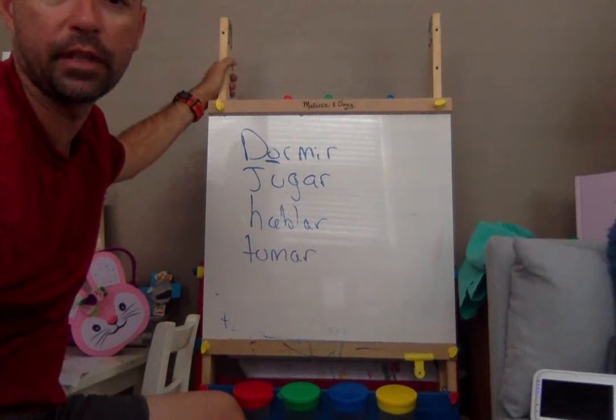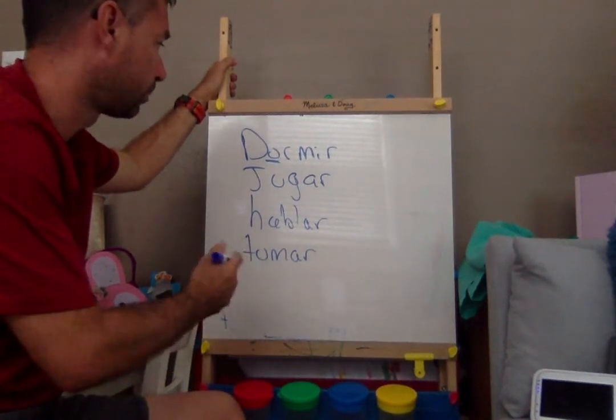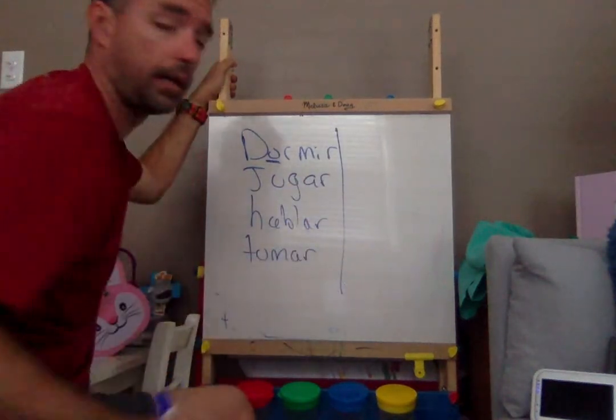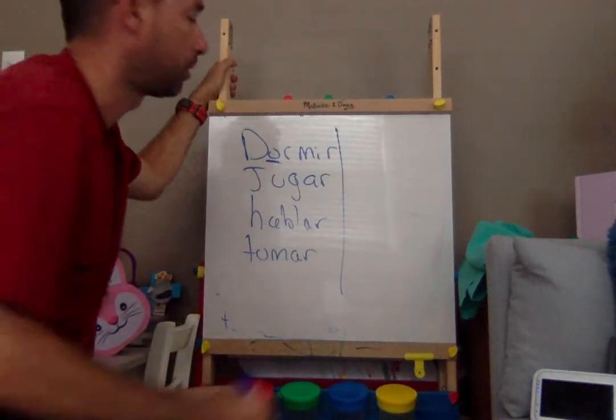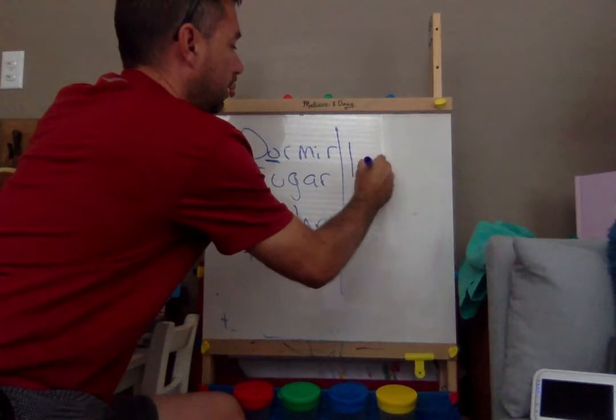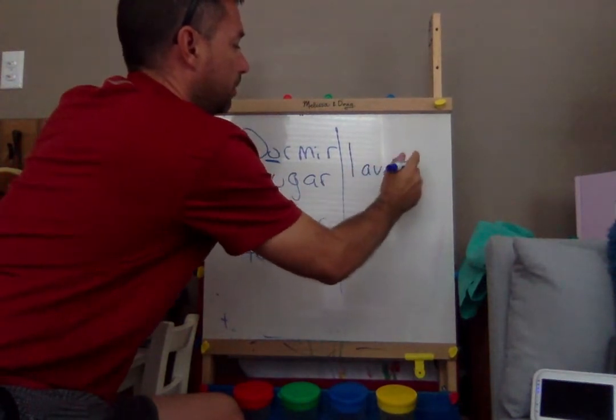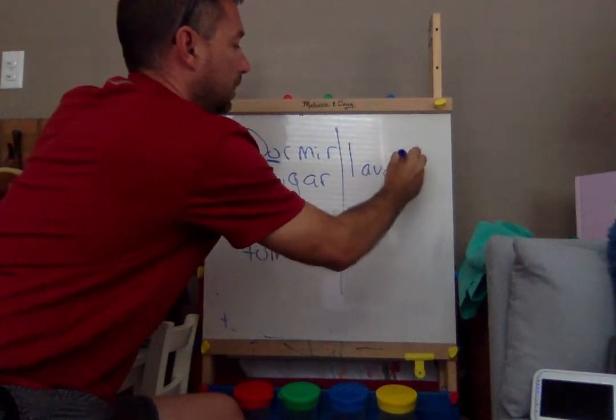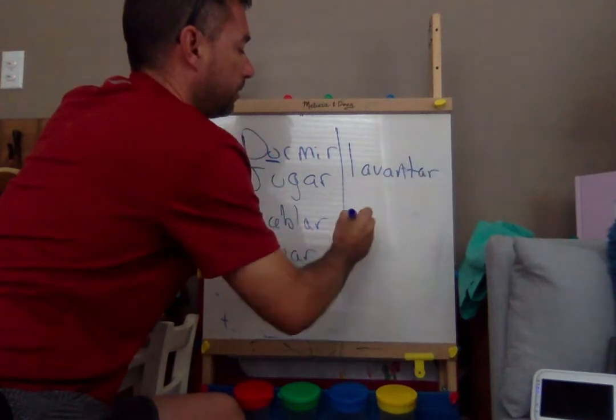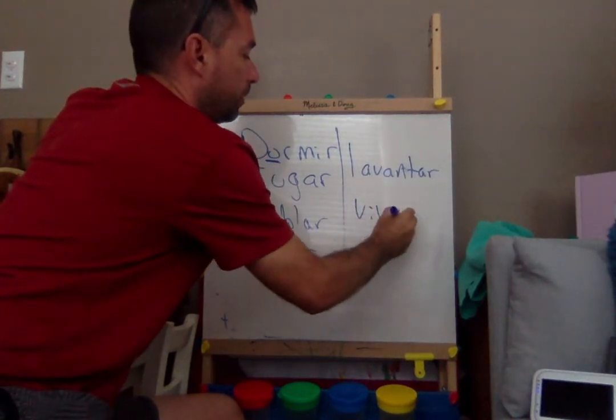And then in the imperfect tense, we will have these words over here. So I'll make another line. We will have two words in the imperfect tense: levantar, and then also vivir.